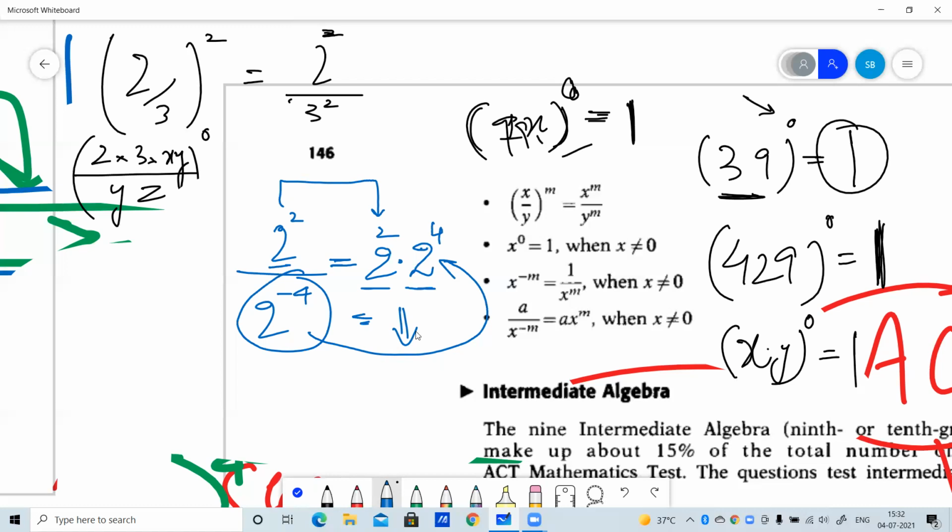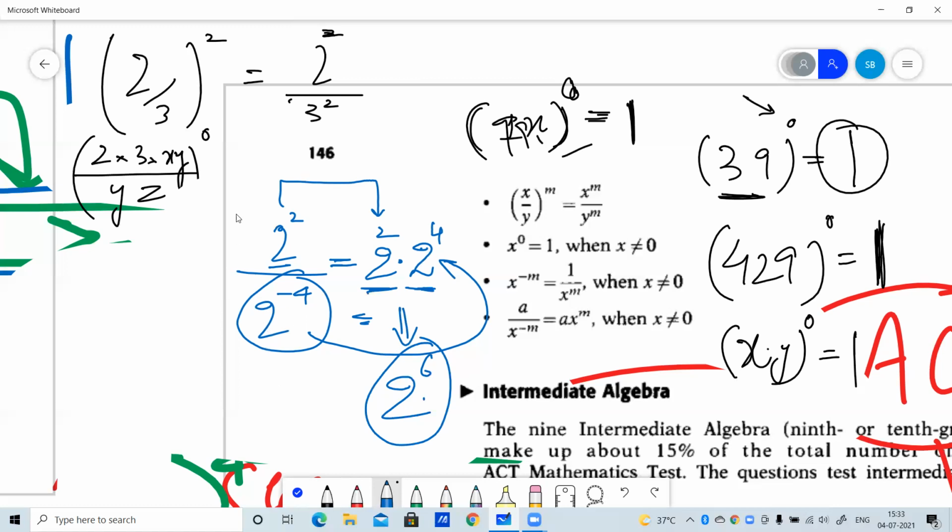The first rule is when you're having same bases in multiplication, you will add the powers and keep the base as it is. You will not multiply 2 and 2. 2 is there, and then you add 2 plus 4, that's 6. So 2 to the 2 times 2 to the 4 is 2 to the 6. This is the first rule of exponents.